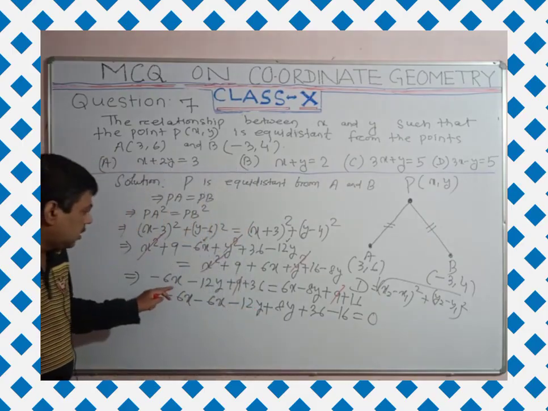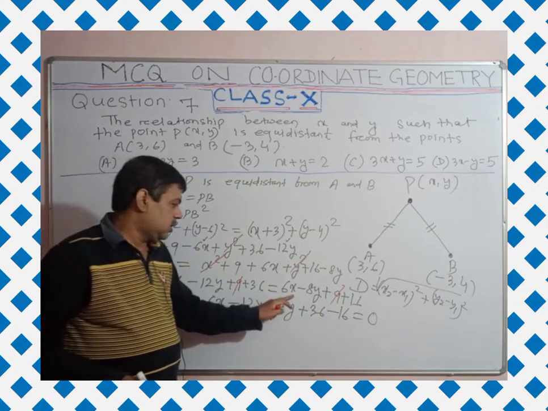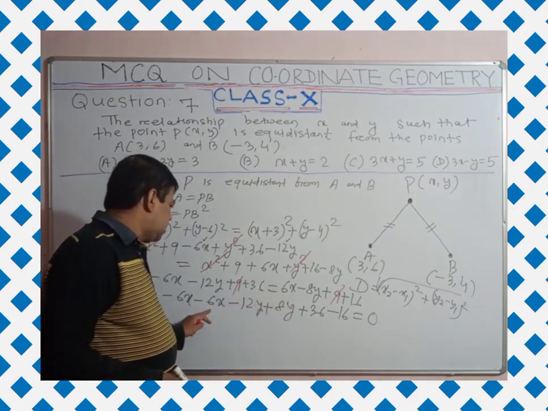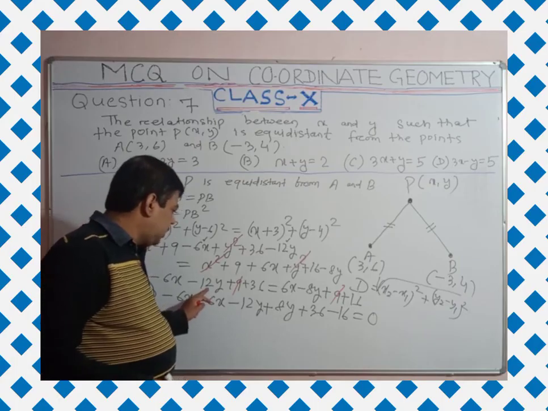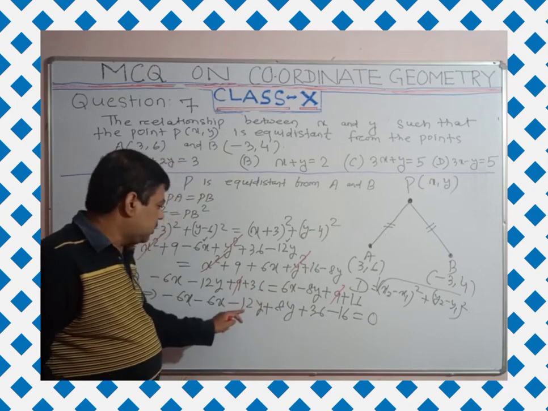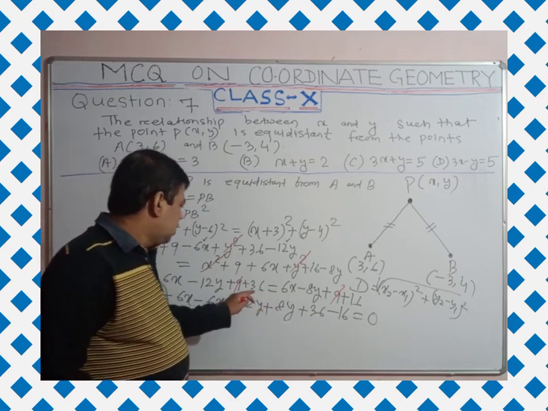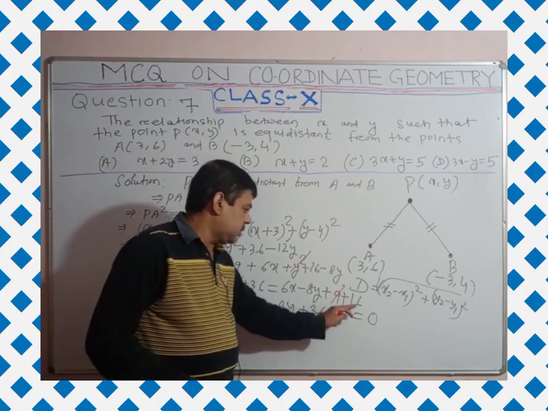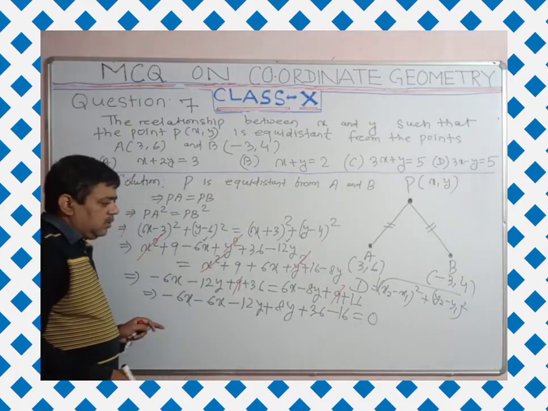Look at it once again. Minus 6x. This plus 6x on the right side will be transposed to the left hand side. It will be minus 6x. Here on the left hand side minus 12y. Similarly, minus 8y will be transposed to the left hand side. The sign will change. It will be plus 8y. All of you know. And plus 36. Here plus 16 on the right hand side, after transposing, will be minus 16.